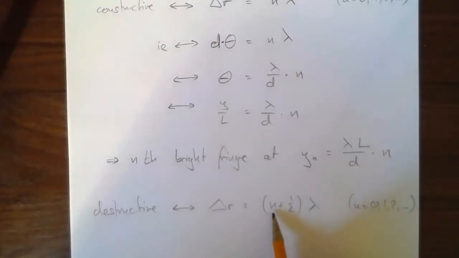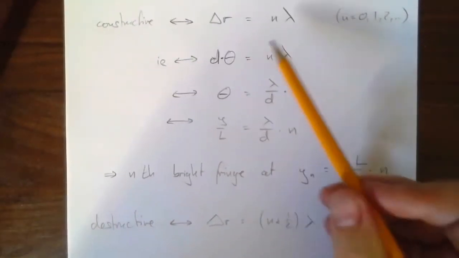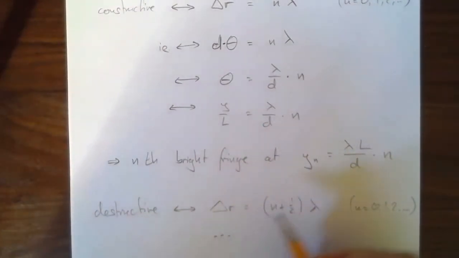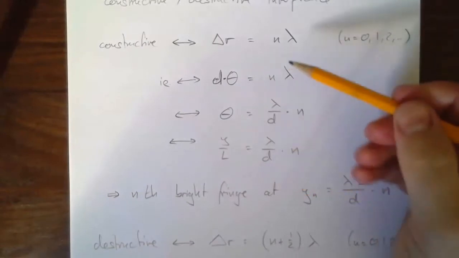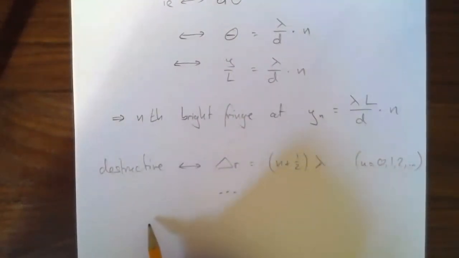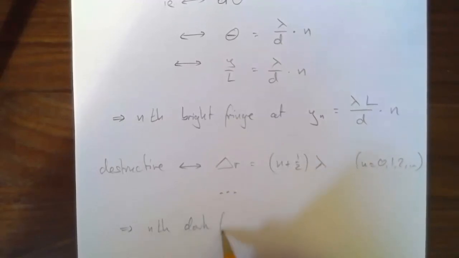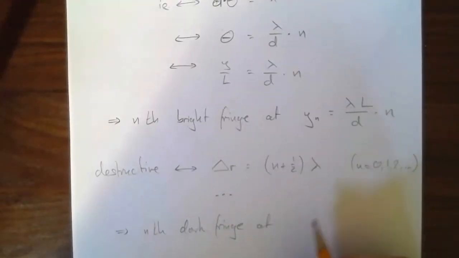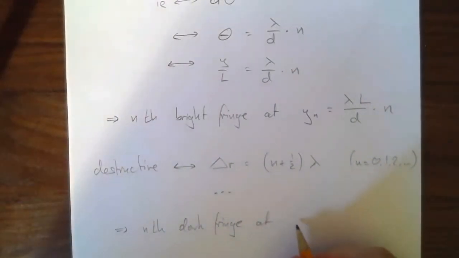So I can do exactly the same range calculation I did here. Maybe you can fill in the details, but it's literally the same as this, except the n is an n plus a half. And I'll get that the nth dark fringe is at, I guess, could I call it y_n2?